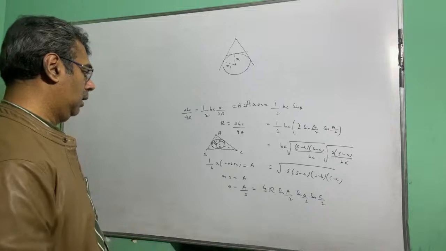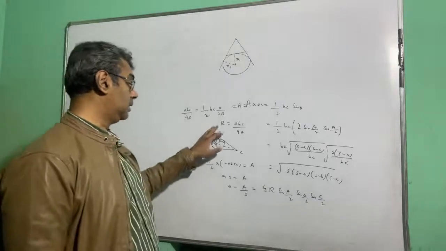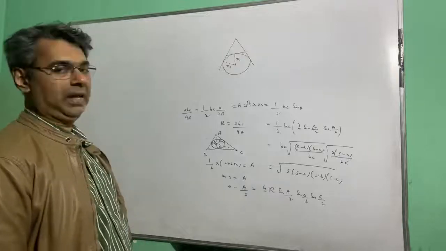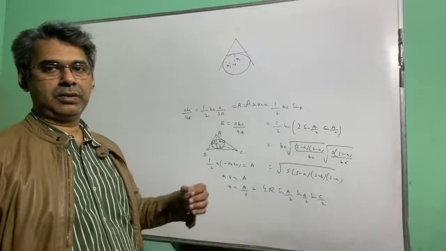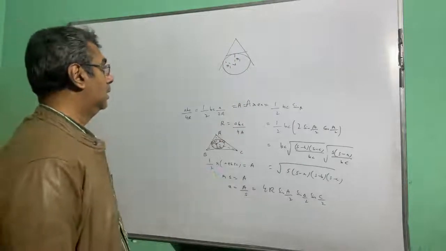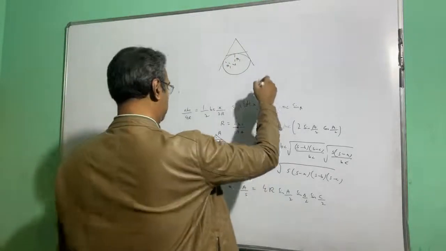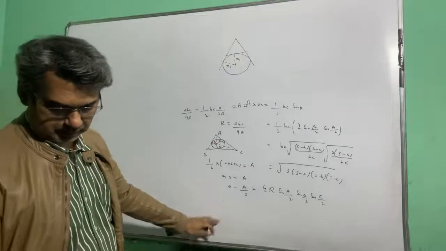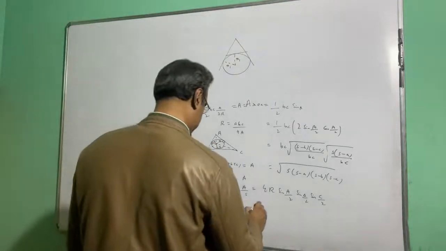Okay, now this capital R is the circumradius, small r is the inradius. Now there is something called exradius. Exradius means the radius of the escribed circle, meaning outside the triangle. By the way, for small r there are some more formulas.